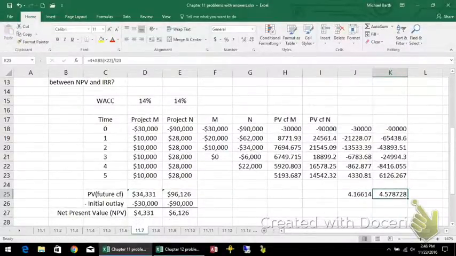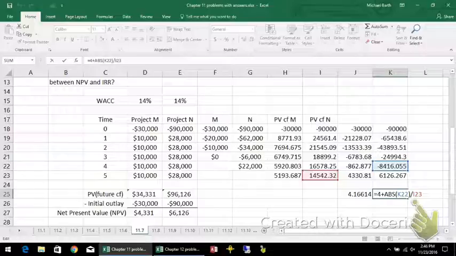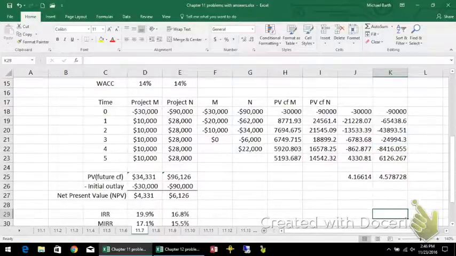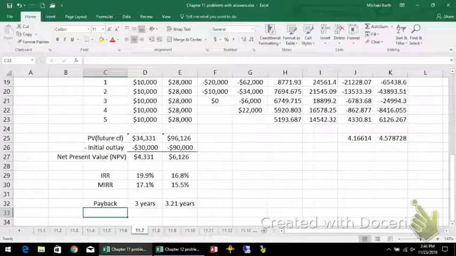Similarly for project N, it'd be the point where the $8,400 that is still outstanding at the end of year 4, 8,416, and the present value of the cash flows in year 5 is 14,542. So about 8,416 divided by 14,542 gives you the fraction of the year. Add that to 4 and you get the discounted payback.